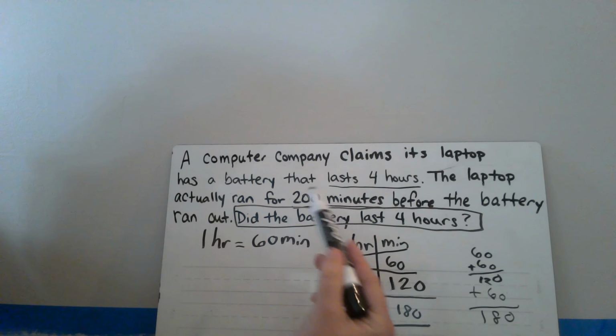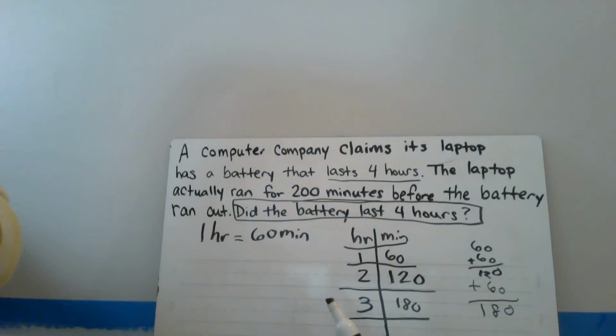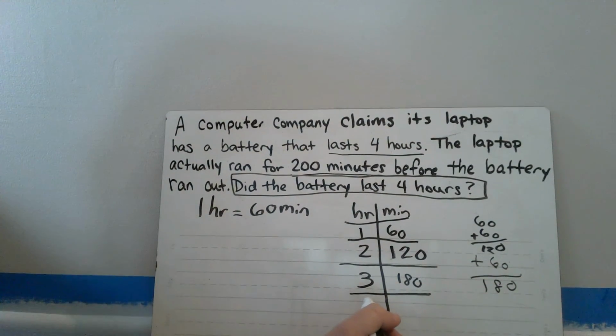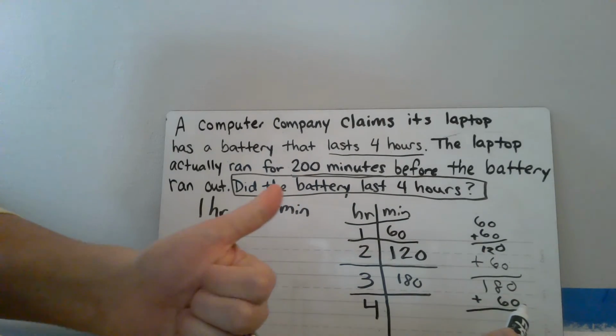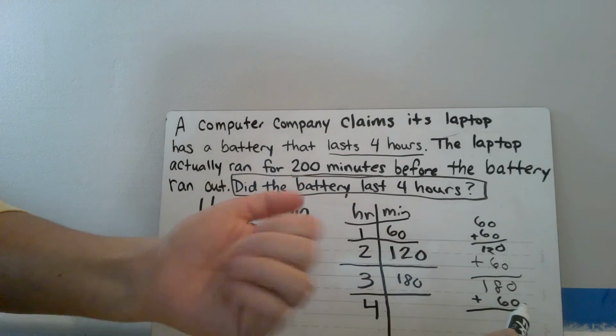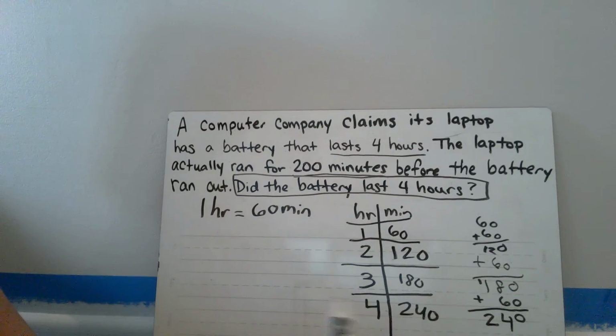Again, I didn't get to the 4 hours or the 200 minutes yet, so I'm going to do another hour. 4 hours would be, let's add another 60 minutes. 180 plus 60, 1 plus 1 is 2. So 4 hours is equal to 240 minutes.